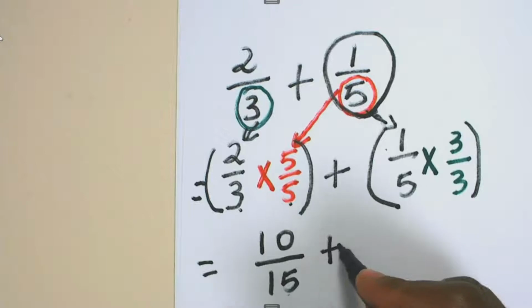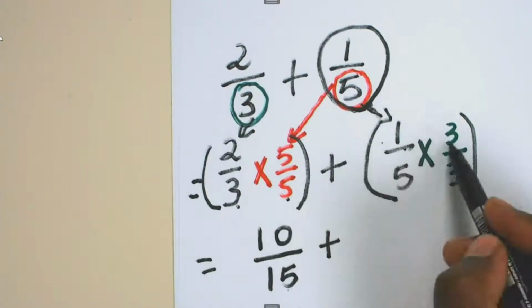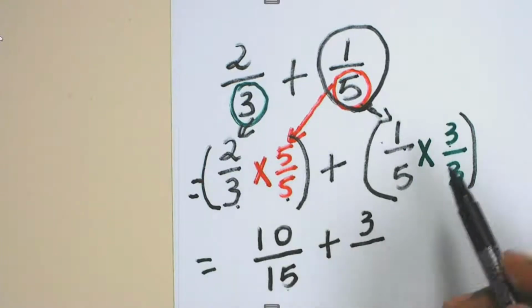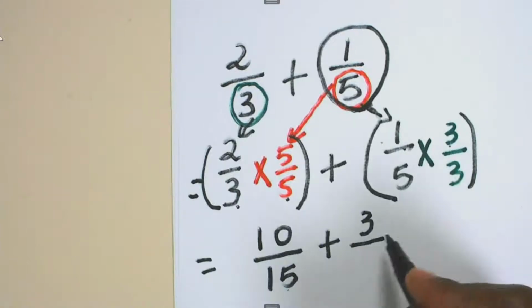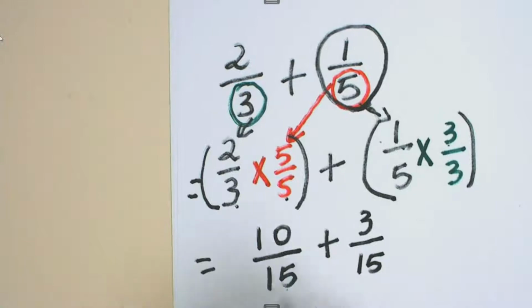We're supposed to add 1 multiplied by 3 equals 3, out of 5 multiplied by 3 equals 15. Voila. Now we can see our denominators are the same.